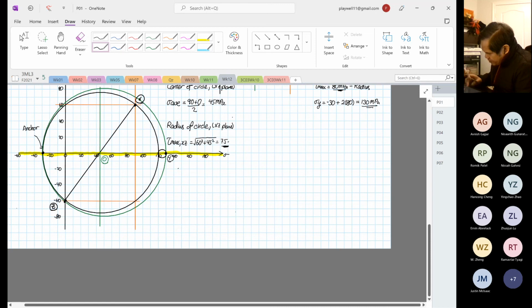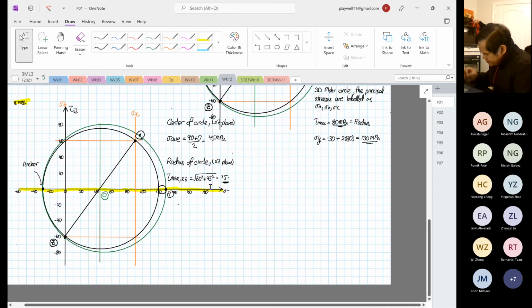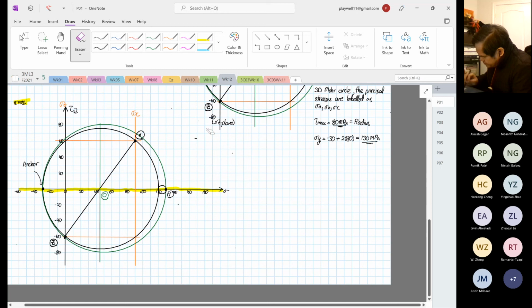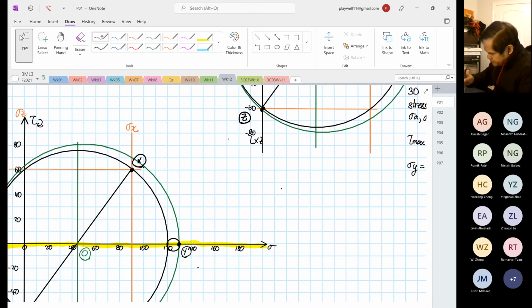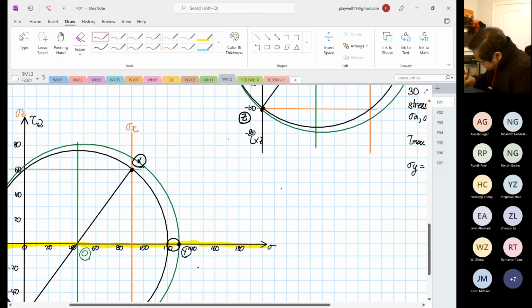So now we are given another situation. We are given now case number 2, where I want my stress A to be at 120 megapascal.